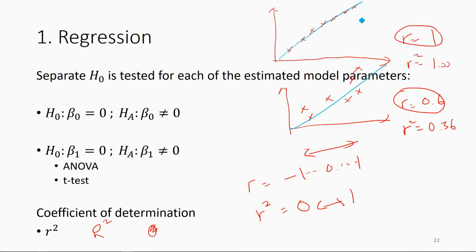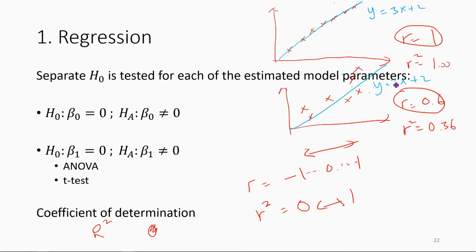So it is possible that these two models are the same. Maybe it's y equal to 3x plus 2. This one also y equal to 3x plus 2. It's possible, right? Because this is a best fit line for all the data that fall on the line. Even though in this one not all the data fall on the line, there is still a best fit line.